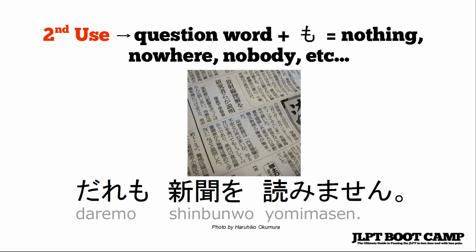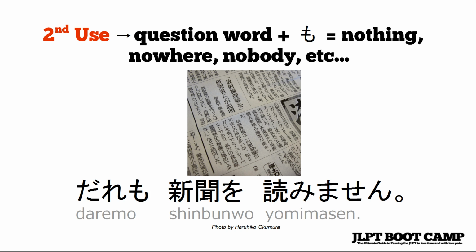The second use of mo that's used at the N5 level is question word plus mo equals nothing, nowhere, nobody, etc. For example, this sentence here, daremo shinbun o yomimasen. Nobody reads newspapers anymore, per se.